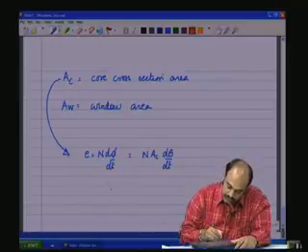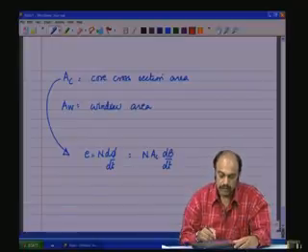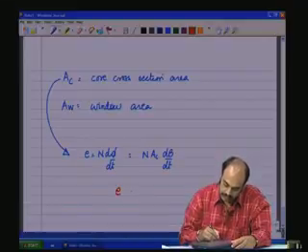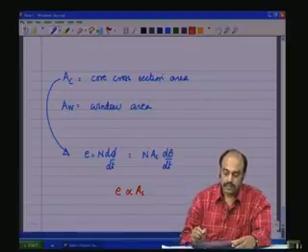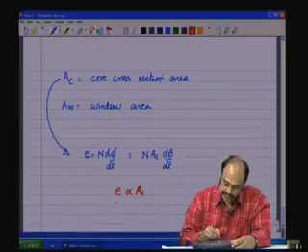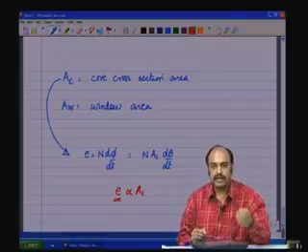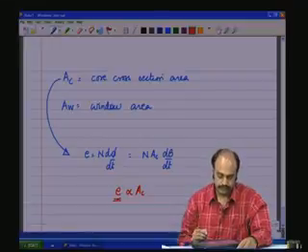So, you see that for a given number of turns and for a core with a particular swing in the flux density, E is proportional to AC. The core cross sectional area determines the voltage withstanding capability for the transformer.